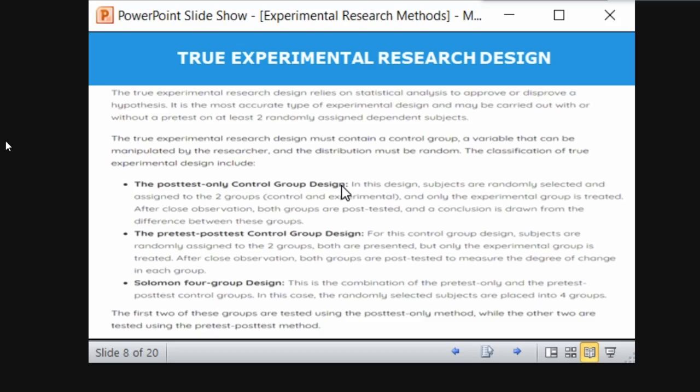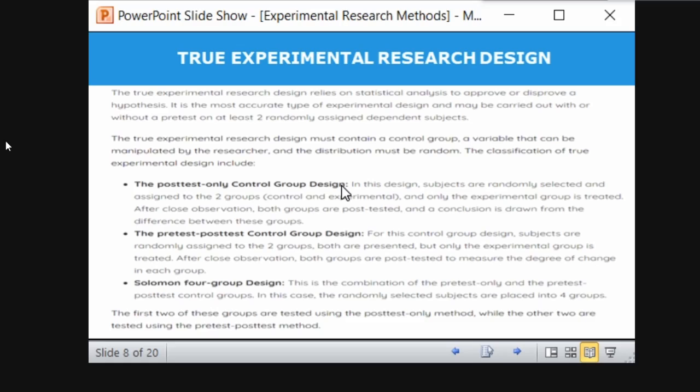It is the accurate type of experimental design and may be carried out with or without a pretest on at least 2 randomly assigned subjects. It may be carried out with a pretest, or it may not be, depending upon the nature of the study, on randomly selected subjects.